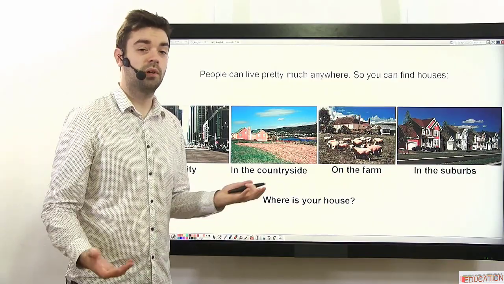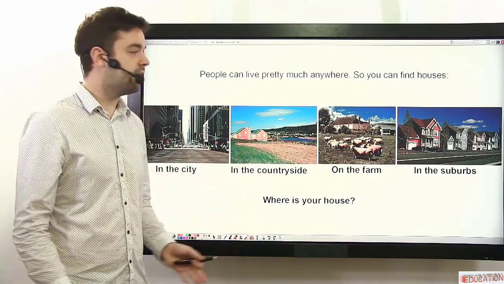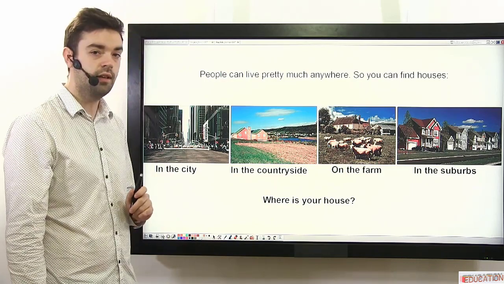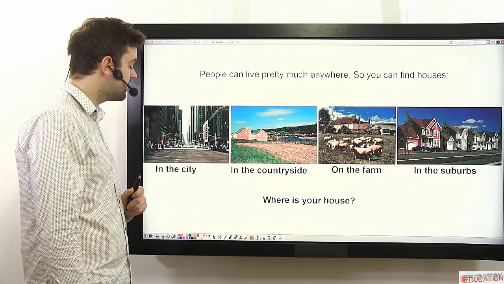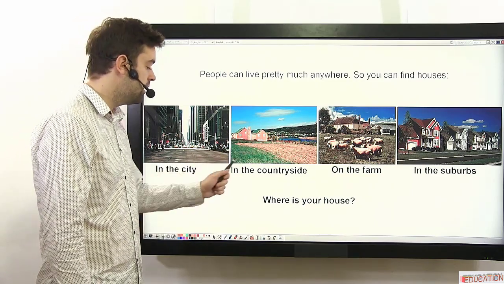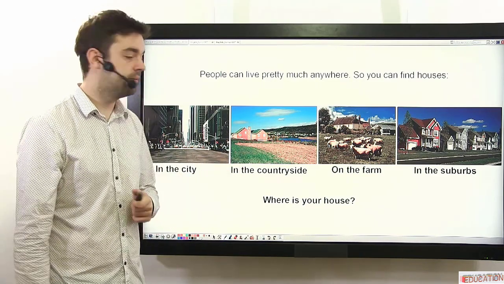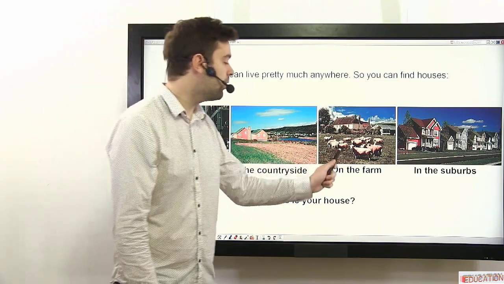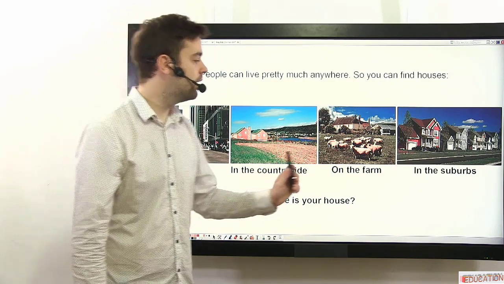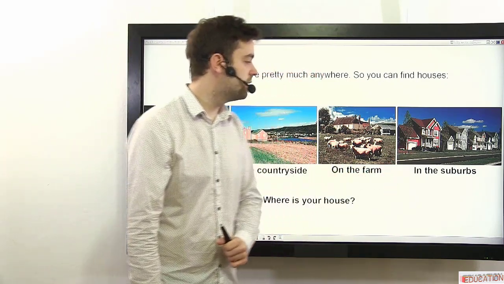So people can pretty much live anywhere. So you can find houses in the city, in the countryside, on the farm, in the suburbs.